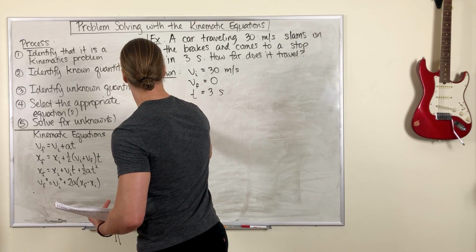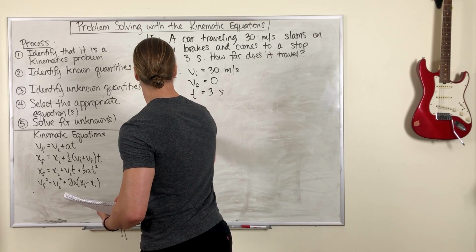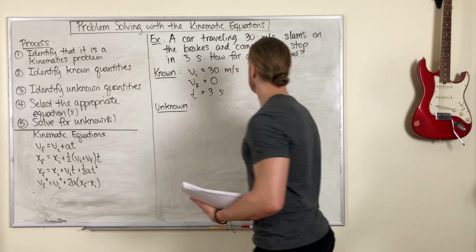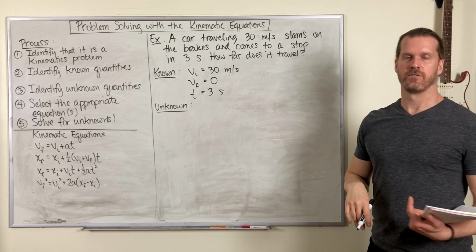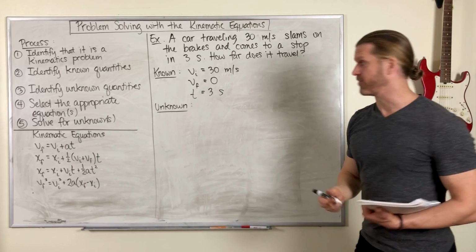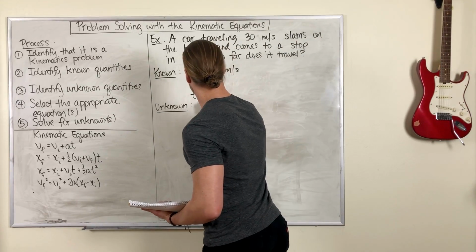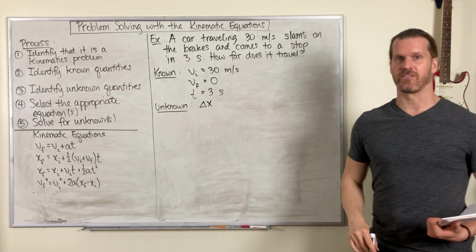And now we identify our unknown. Problem says, how far does it travel? When you hear how far, you should think displacement. So our unknown is delta x, the distance traveled.